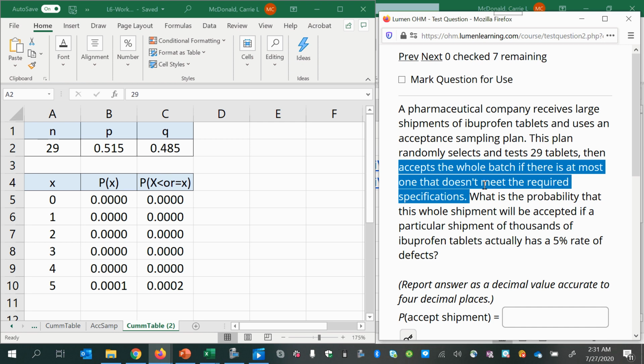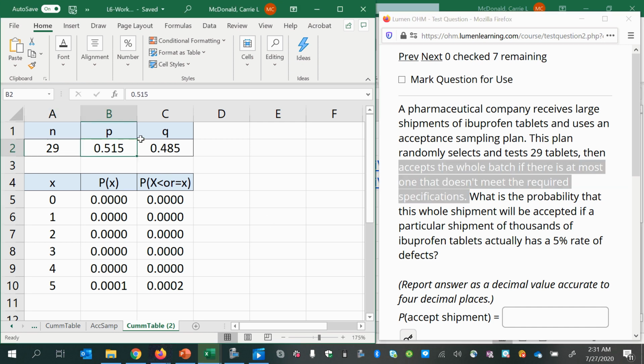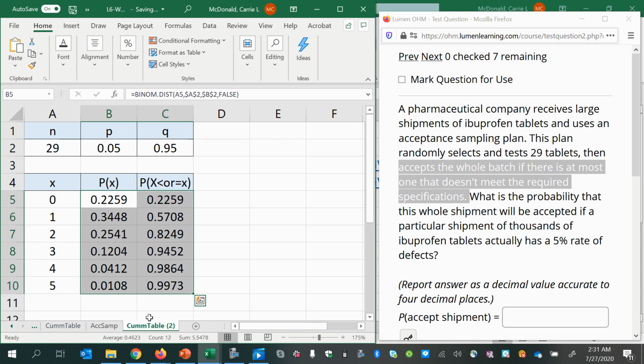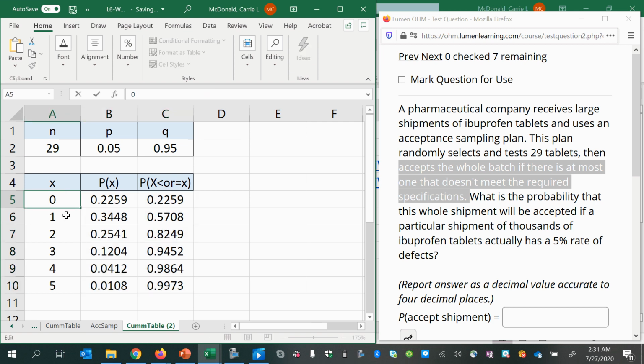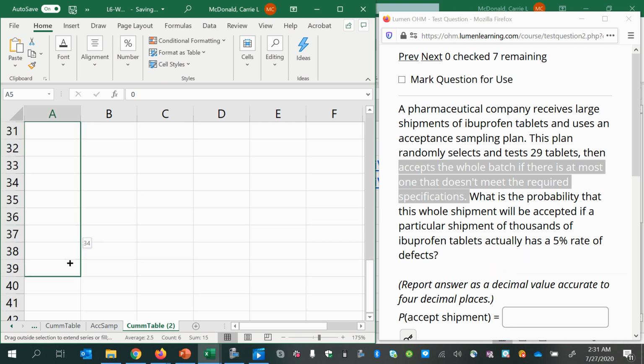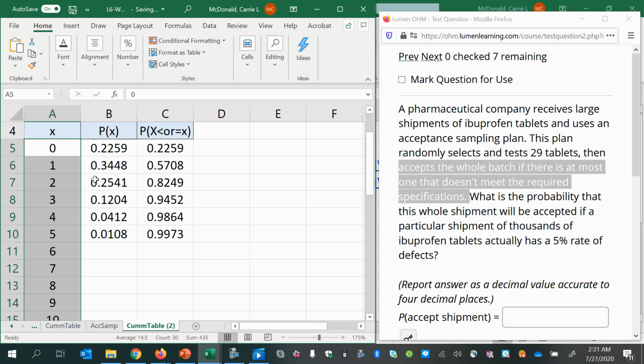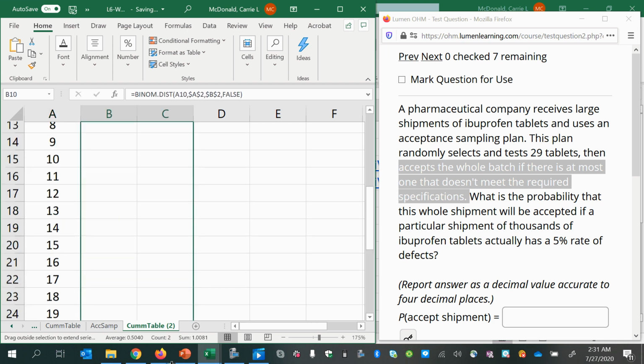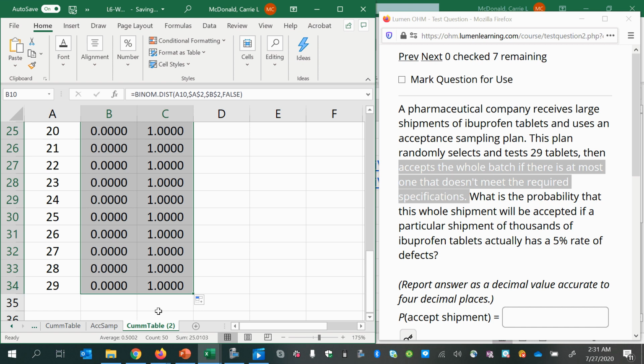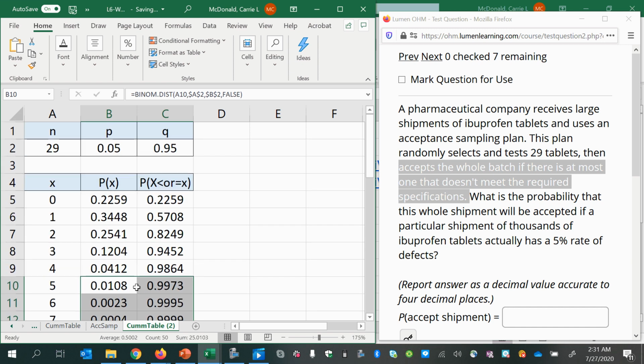Okay, so let's change our P to 0.05 for 5%. Notice that my Q automatically recalculated, and so did all these values. Now, I could take this all the way down to 29, but I don't have to, although I could, because I'm only interested in one or fewer defective tablets.